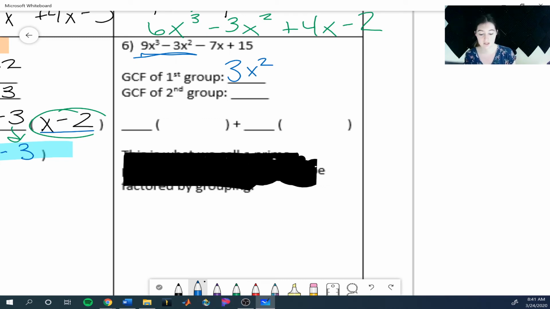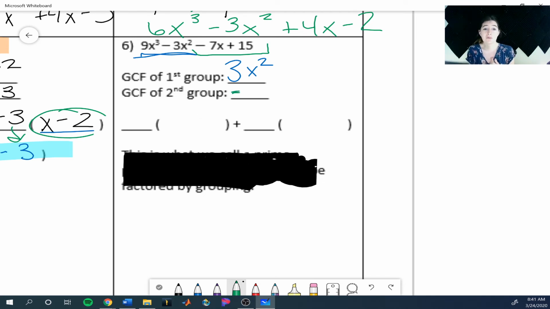All right, now let's look at my second group right here. Negative 7x plus 15. Okay, there's a negative in front of that 7. We talked about this yesterday, so if you get caught up on this, watch the video from yesterday. I have a negative in front, so I've got to factor out a negative.